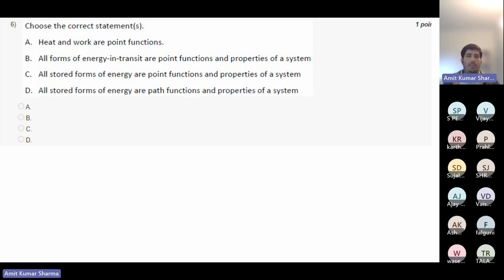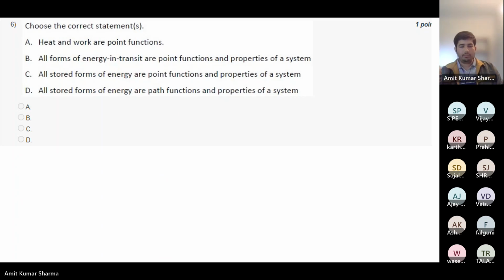As we already discussed in our previous question, heat and work come into picture only when there is a process, or you can say there is a transfer from state 1 to state 2. And that also depends on the path, by which path you go from point 1 to point 2.